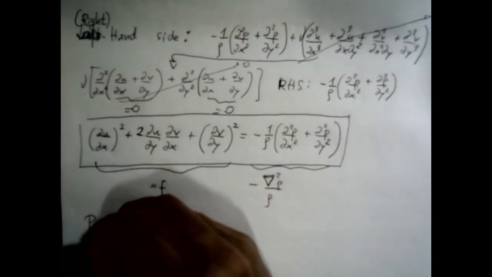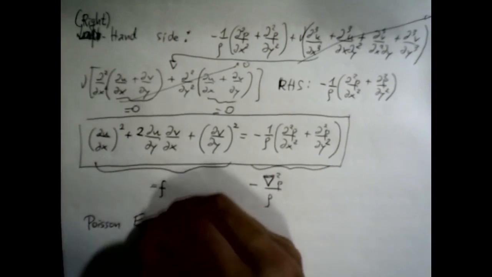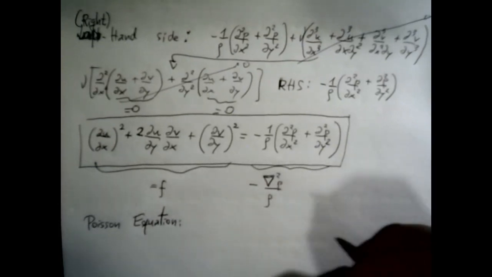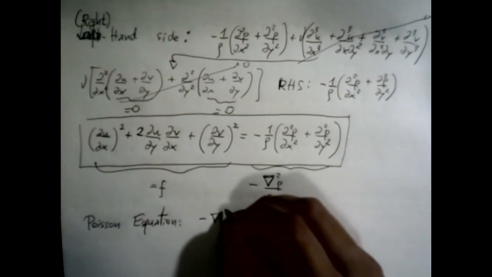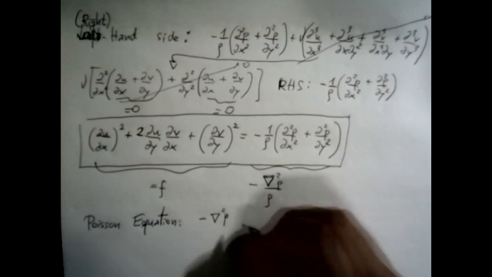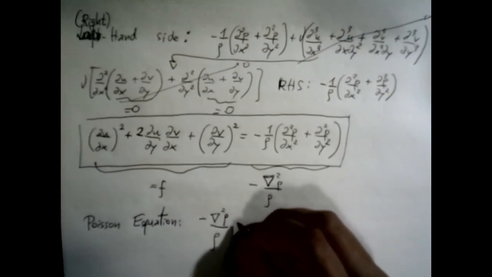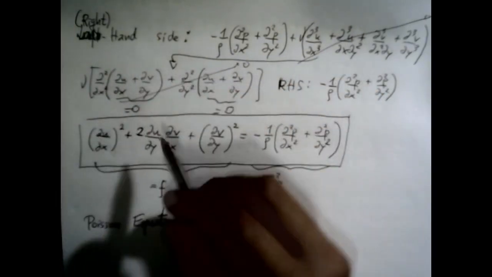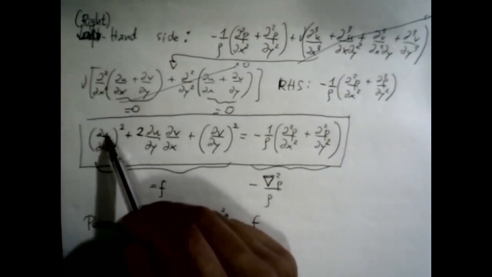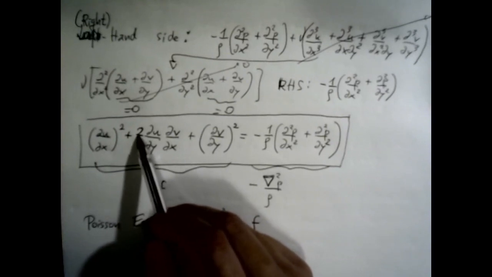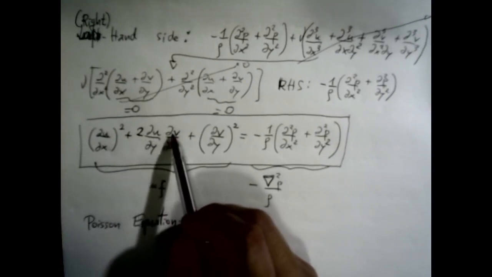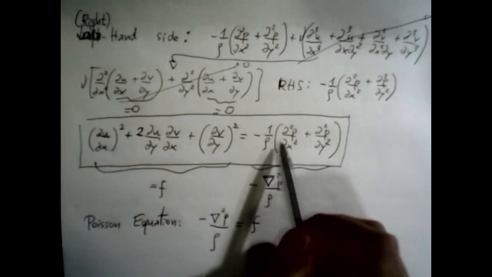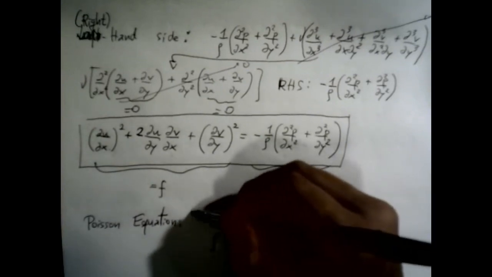Okay, so the Poisson equation will be equal to minus 1 over the density times the Laplacian of p, equal to this term here, which corresponds to the derivative of u with respect to x squared plus 2 times du dy dv dx plus dv dy squared, and equal to the Laplacian of the pressure.